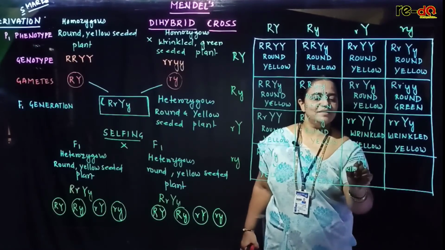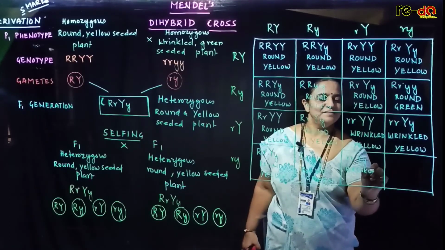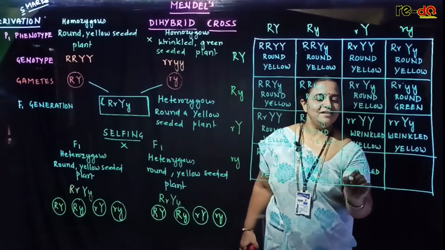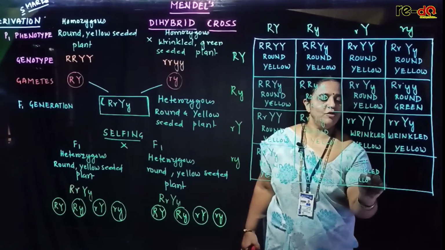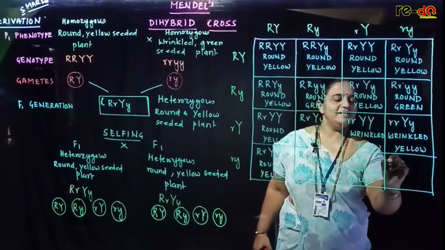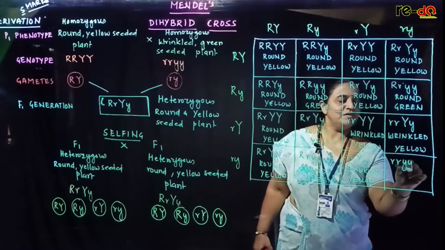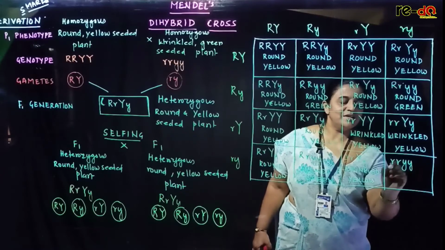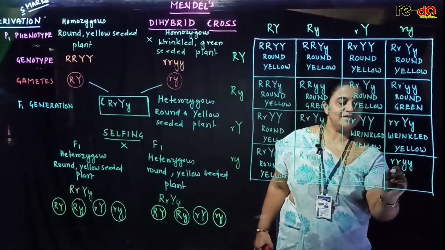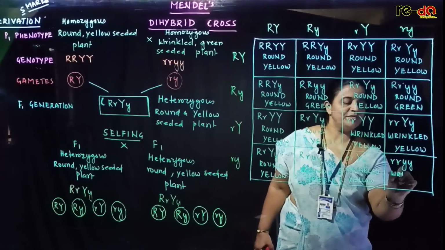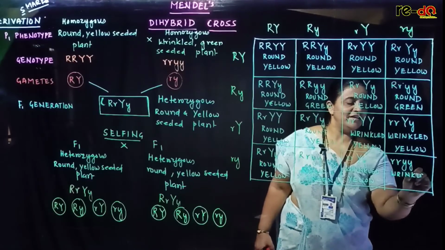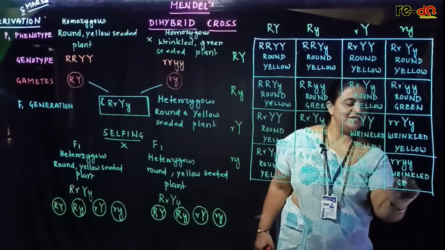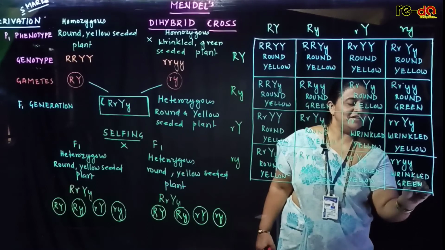This becomes wrinkled and yellow, shape of this, yellow color of the seed. And see the last one. Both pairs are homozygous. So both traits are expressed. They are recessive traits. So here shape of the seed is wrinkled and the color expressed is green.